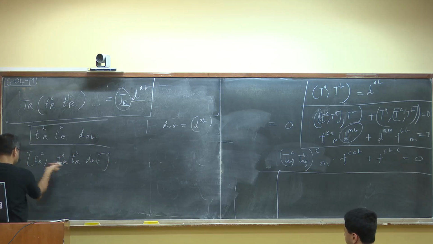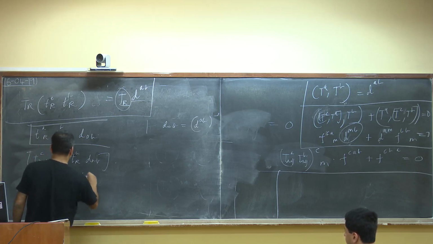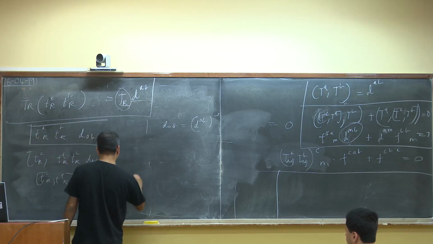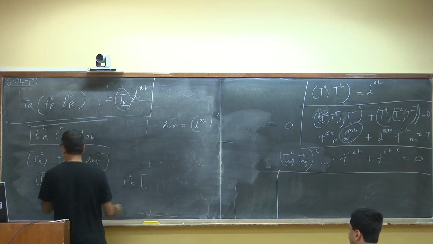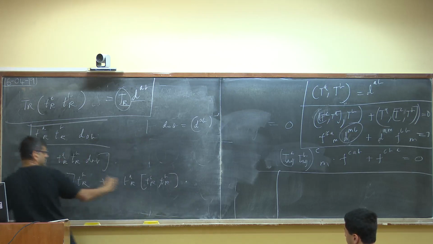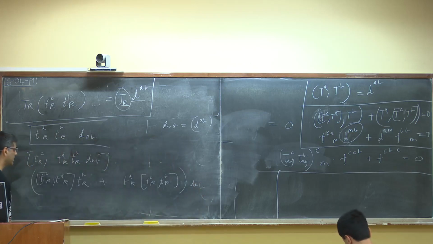Let's quickly do it. So one term is the commutator of T_C^R with T_A^R, times T_B^R, plus T_A^R times the commutator of T_C^R with T_B^R, times D^AB.